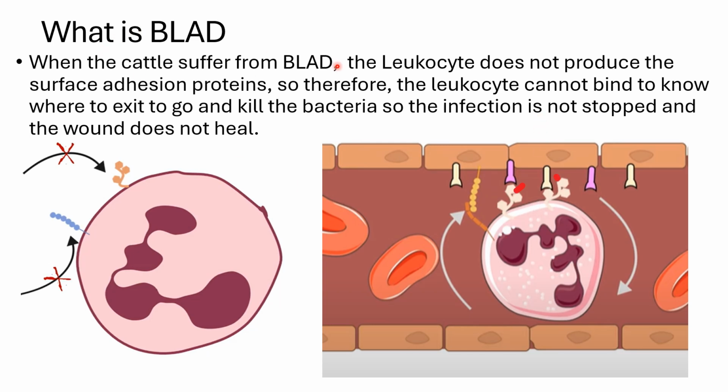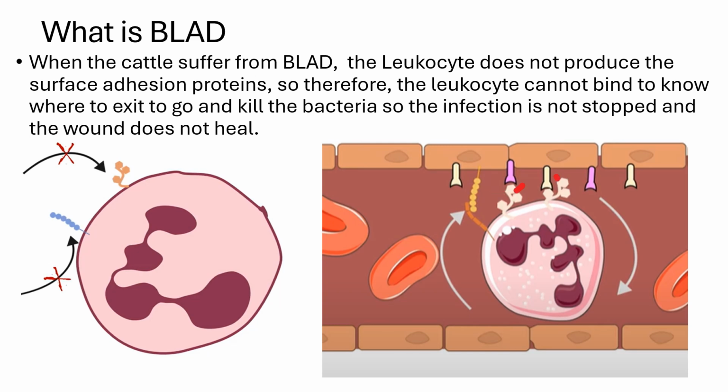Okay, so that's BLAD. Now, BLAD is recessive, and because it's recessive, the farmers using traditional methods did not know that this even exists, because can you see if the organism carries it? No, because remember, you can only see a recessive phenotype if it is homozygous for recessiveness. And in this case, the disorder is on the surface of the leukocyte. So can the farmer, the traditional method, see that? No, he can't.